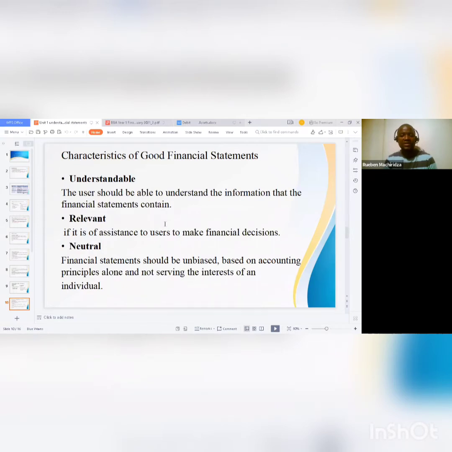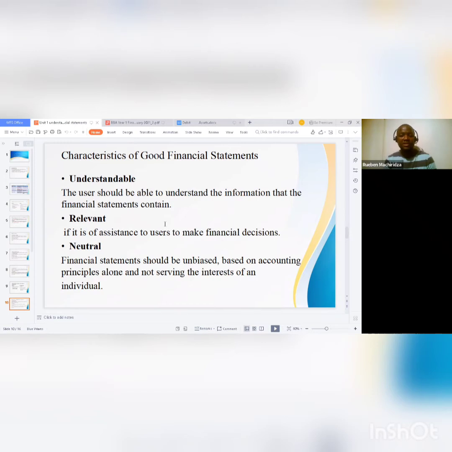The first characteristic is that they must be understandable. I have mentioned earlier that when we are preparing the financial statements, we follow a specific format.